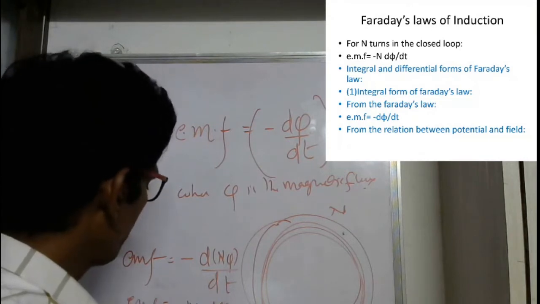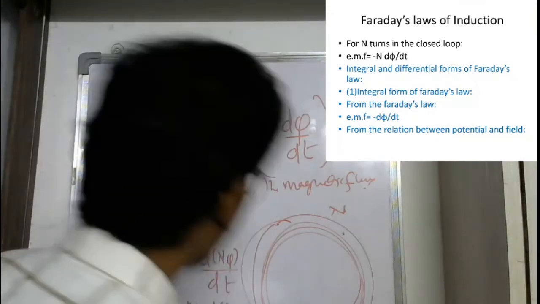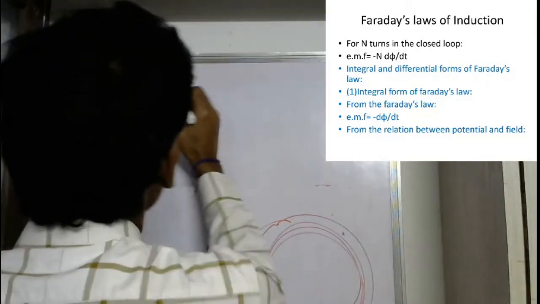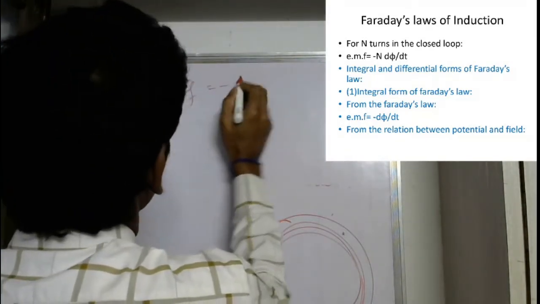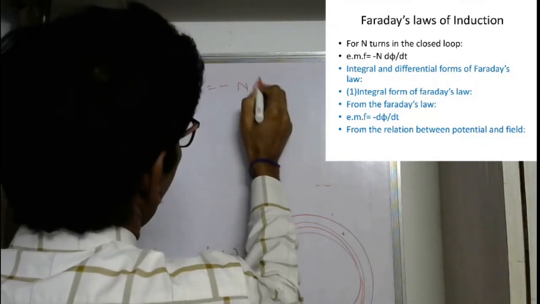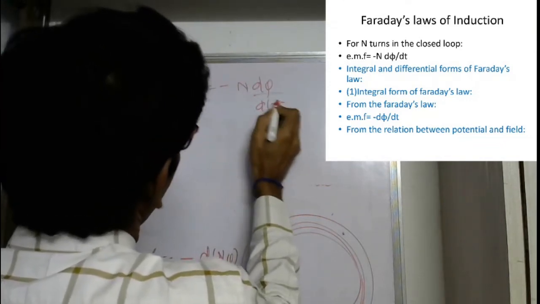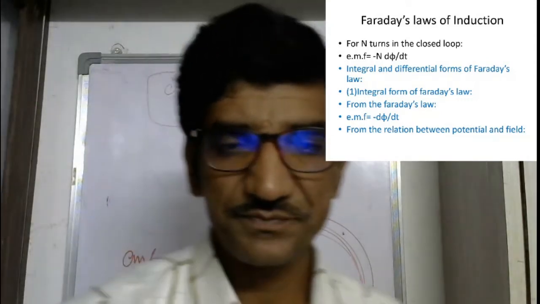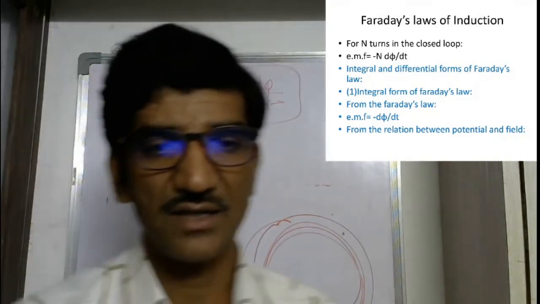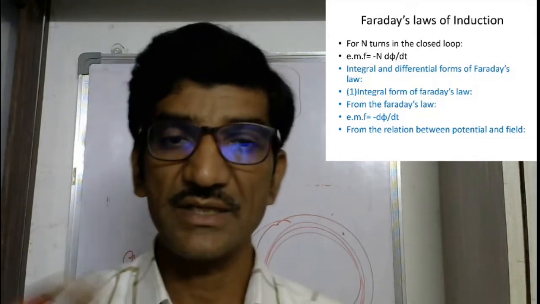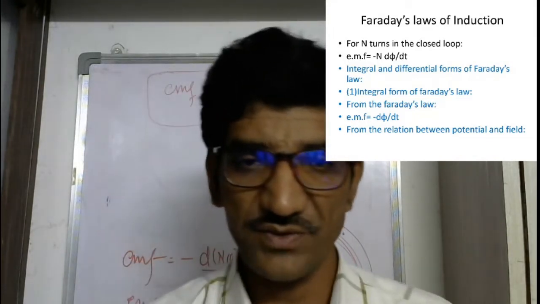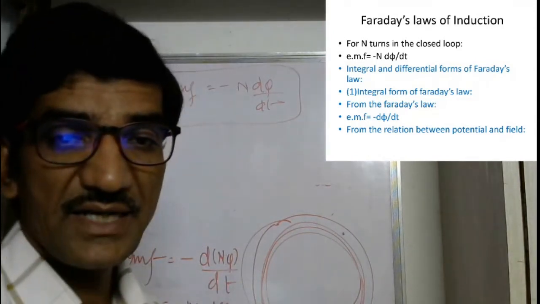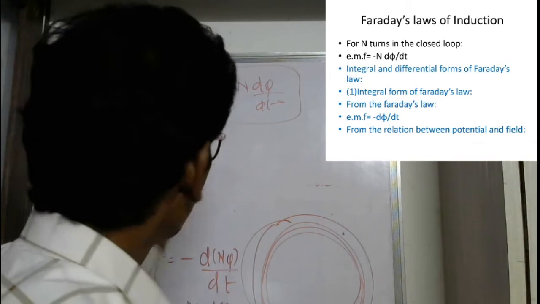So EMF is equal to minus n d phi by dt. This is Faraday's law for a coil having n turns, and in that case your basic Faraday's law transforms to this equation.